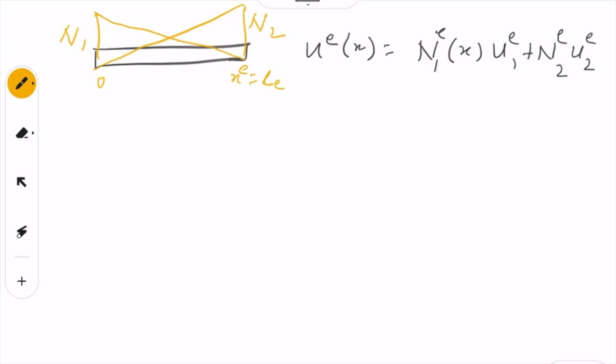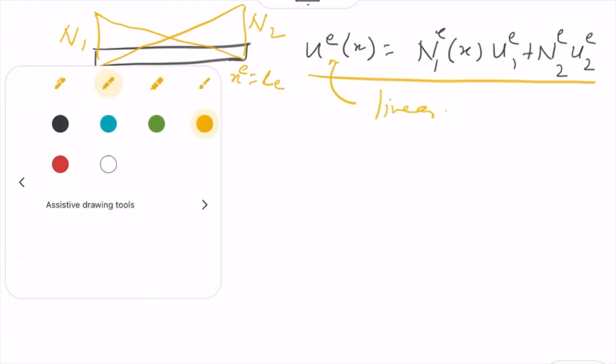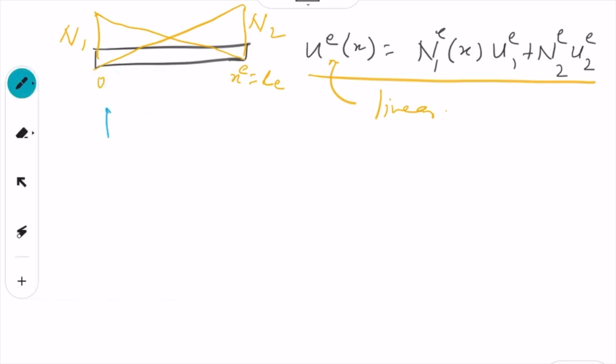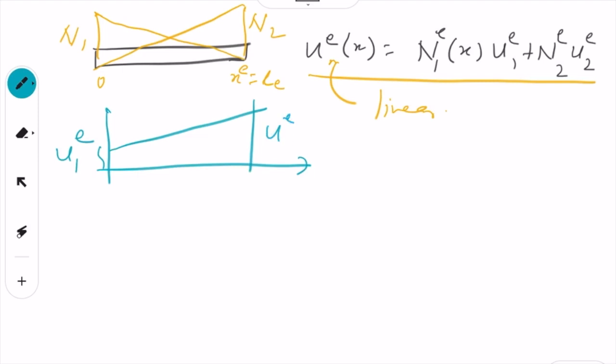And this is a linear system. This is true that this makes it linear, meaning that the combined effect is such that it goes like this. This is a combined effect. Here you have u1^e, here you have u2^e.